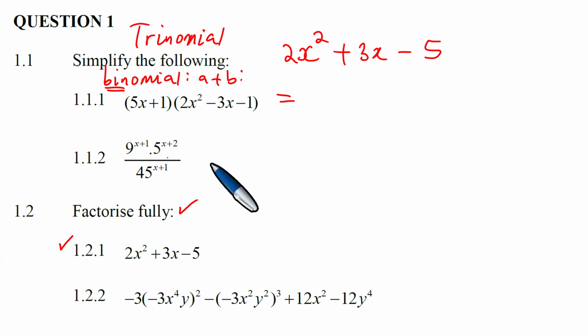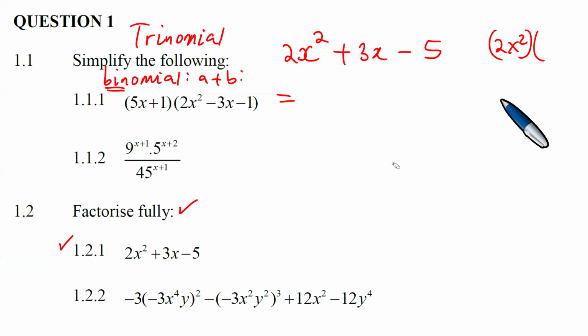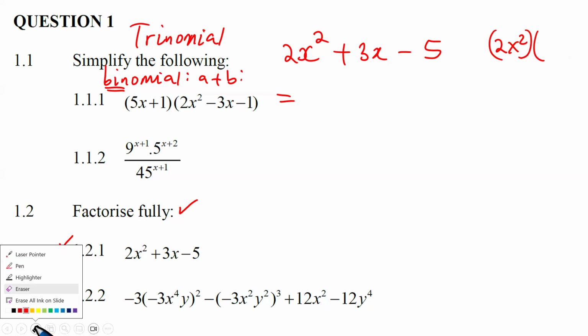Okay, good. I know that obviously the teachers teach you that. But the best is to take the 2x squared and multiply by minus 5. What is 2 times minus 5? So you take 2x squared on the side and we multiply by minus 5. I'm teaching another technique. 2 times 5 is 10. Yes.